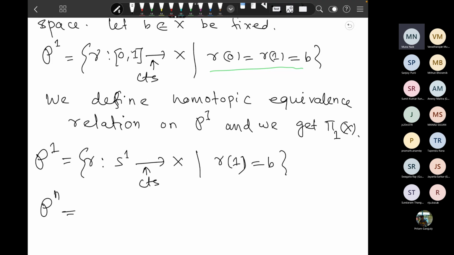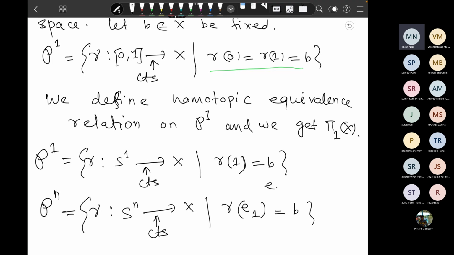Okay, now since this is the thing, you want to define the higher homotopy group. So analogously you take this gamma from Sn to X, where this is continuous. And you take this gamma of u1 is equal to b, where u1 is the vector (1,0,0,...,0).